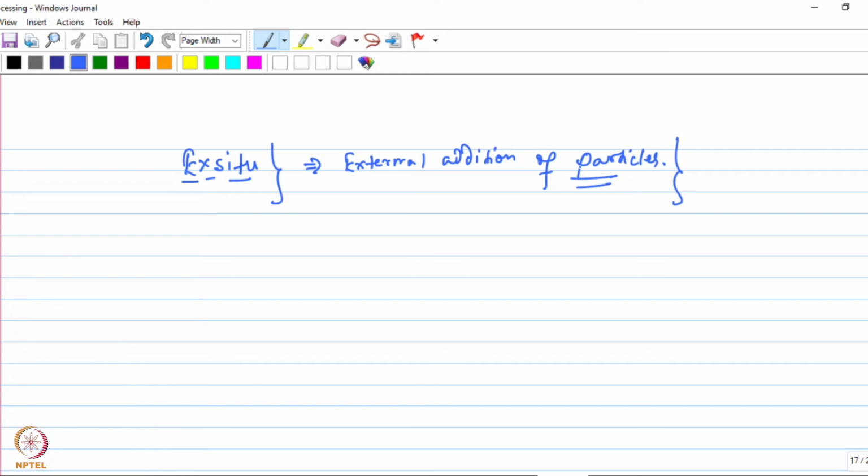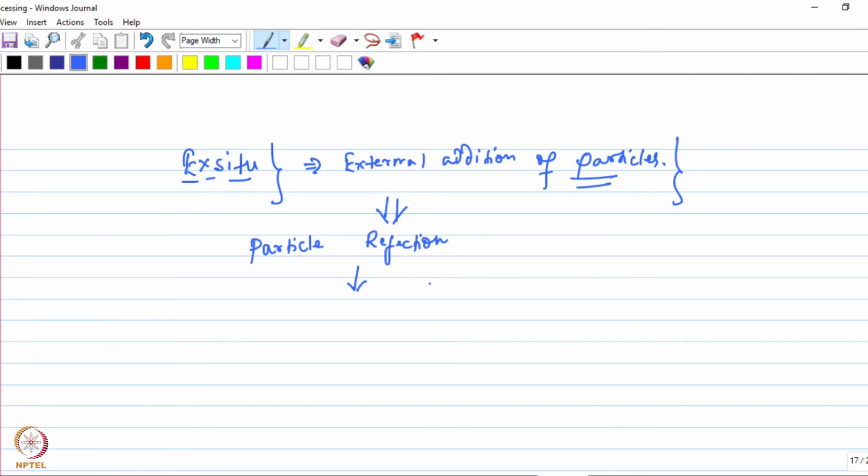One of the biggest challenges in such processes is to have these particles bonded to the metal. So that is one thing, whether the particle will be bonded or rejected. That is one issue that you have with such processes when particles are added externally.